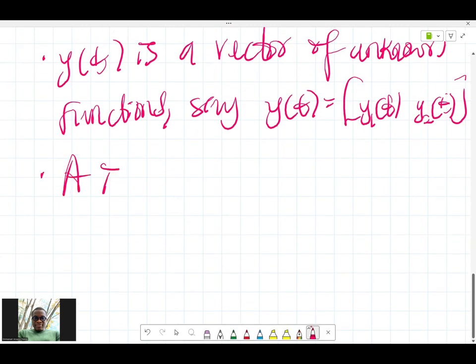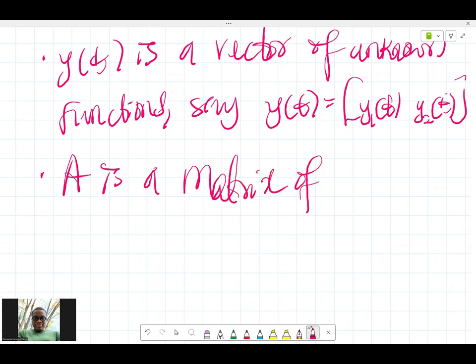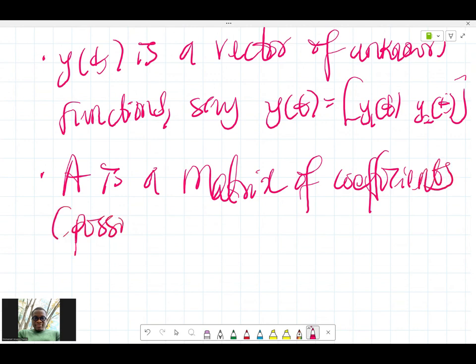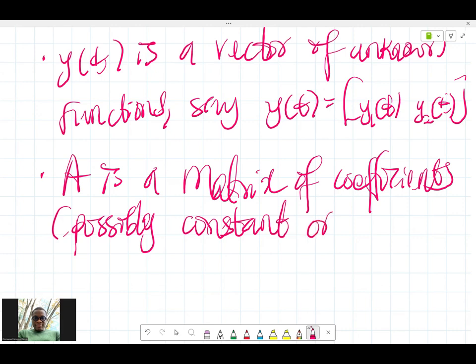Then here, A is a matrix of coefficients. The matrix is possibly constant or time dependent. It all depends.